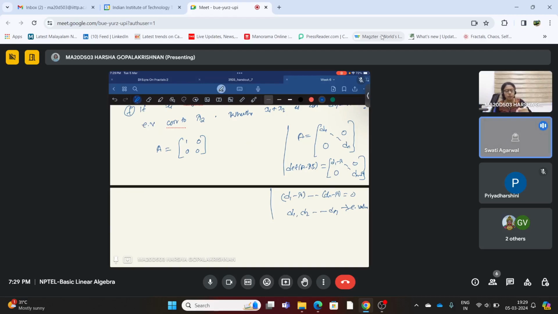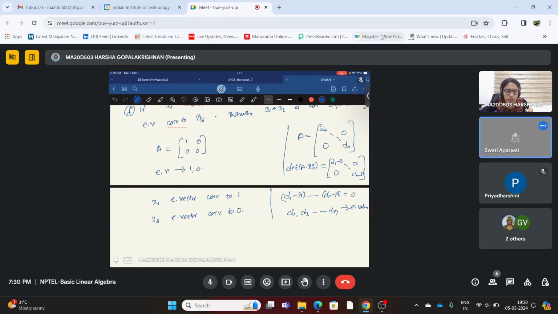Now, here we got eigenvalues 1 and 0. Suppose x1 is the eigenvector corresponding to 1, and x2 is the eigenvector corresponding to 0.